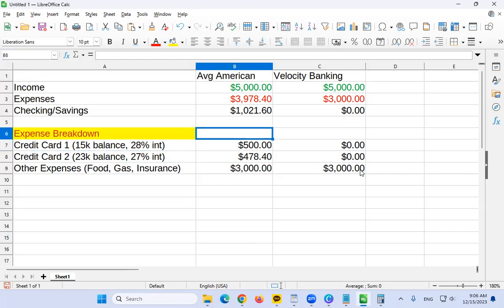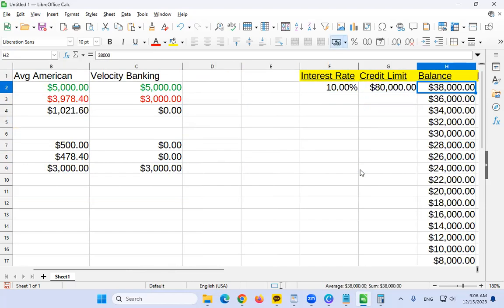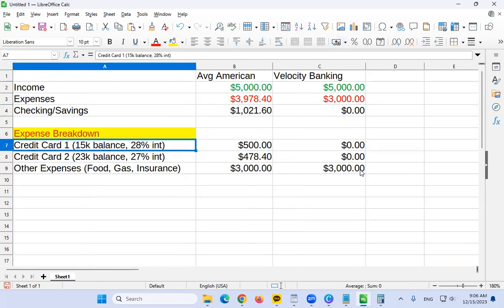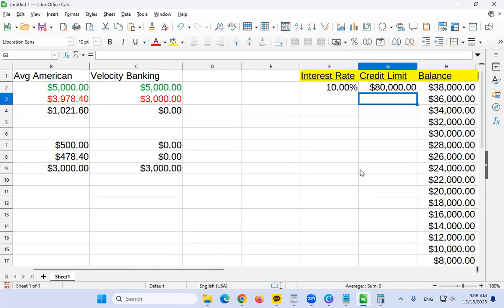Because if we're directly paying our expenses from the line of credit, well, guess what? The moment we pull the money is the moment that interest is accruing. So we might want to use the good sides of a credit card. It's not all bad. Use the positives of a credit card, so that maybe we can rack up some rewards points, stuff like that, and delay the interest on the line of credit, right?